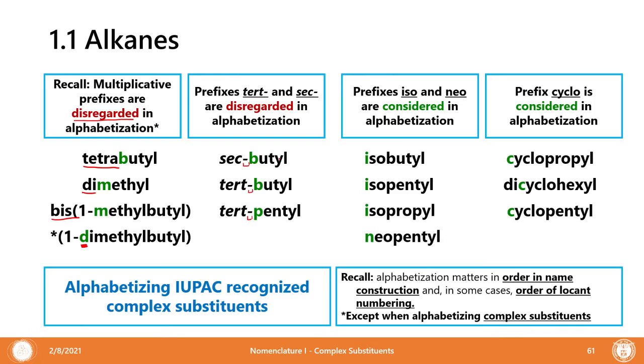Likewise, or conversely, iso and neo, since they are part of the complete complex substituent accepted name, they are considered in alphabetization. So you consider the I and N in isobutyl and neopentyl. And the prefix cyclo, for cycloalkanes, that is also considered for alphabetization.